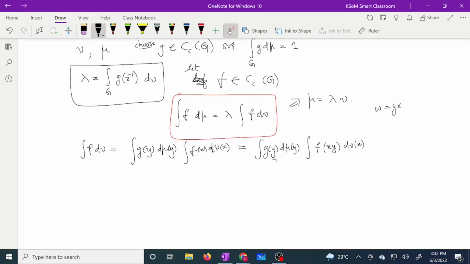If you do this, then d nu of w will be equal to d nu of yx. Okay, but this is translation invariant, I think. Okay, now I understood. I should do the other way. Don't do this.